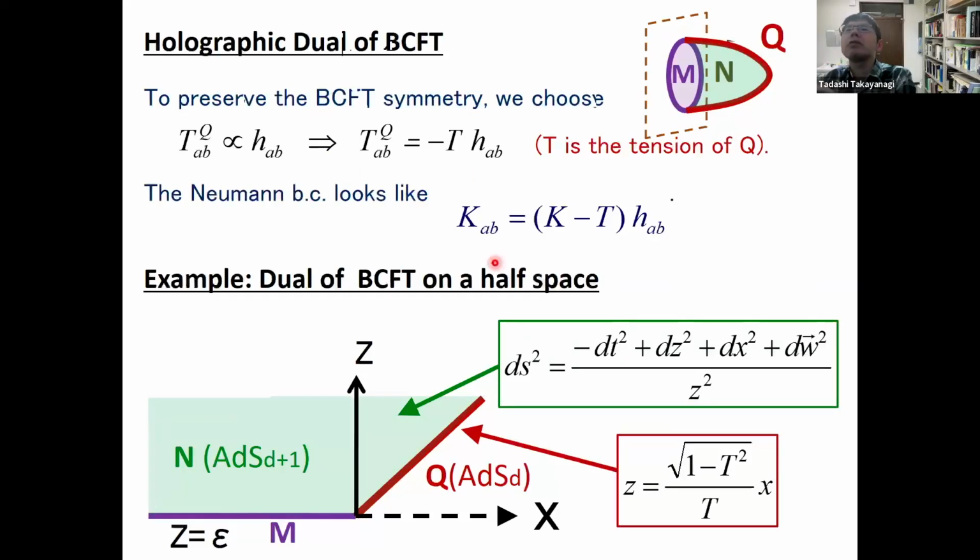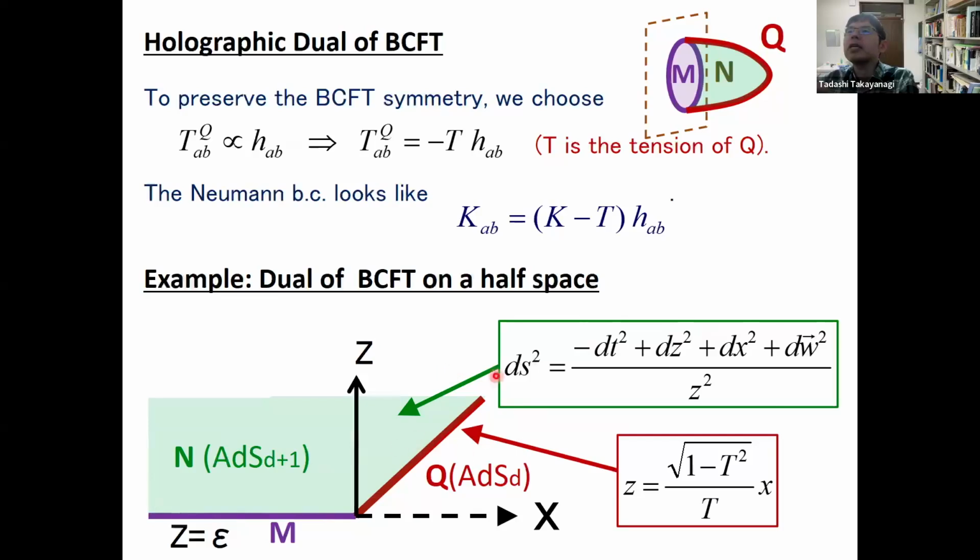It's easy to see from the symmetry argument. This means that we have this equation, and T is also called the tension of the brane. For this case, we can easily solve the problem. For the Poincare metric in any dimension, even higher dimension, usually AdS/CFT is like this: this is the Z direction, and Z equal to epsilon is the UV cutoff.